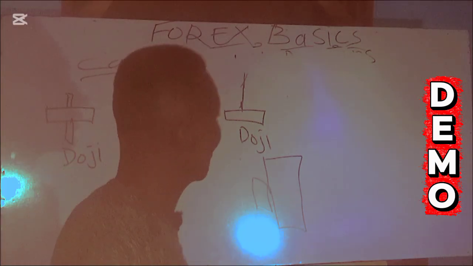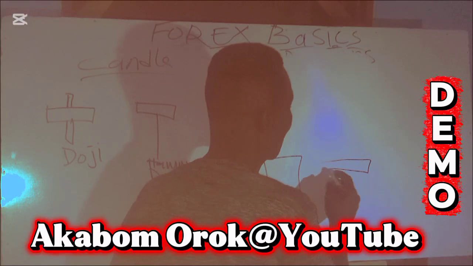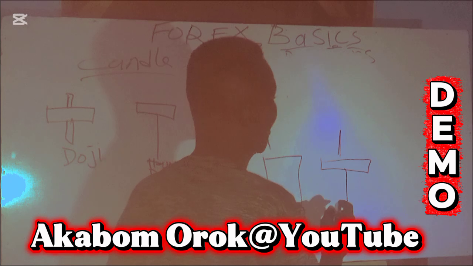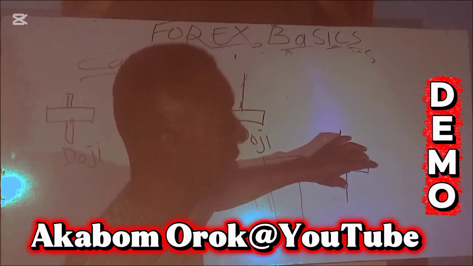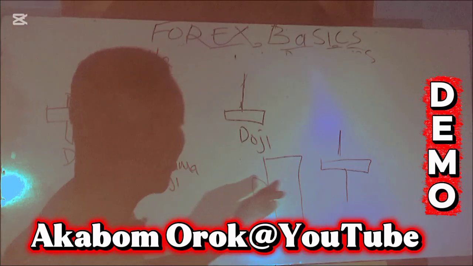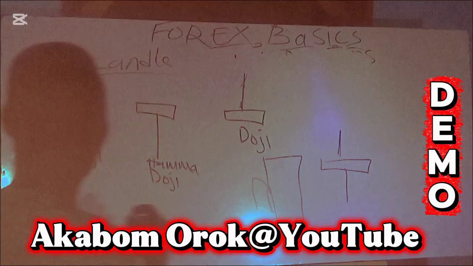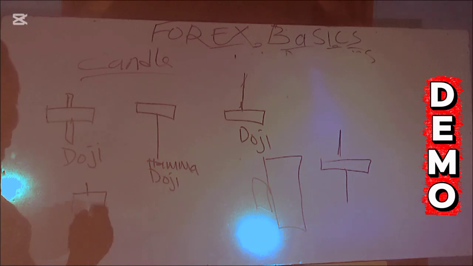So we also have a spinning doji. Also, it has a leg like this. All these things are just to tell you that there is a rejection somewhere. It's either they are bouncing up or they are bouncing back. There's another spinning candle also, and all of them are dojis.